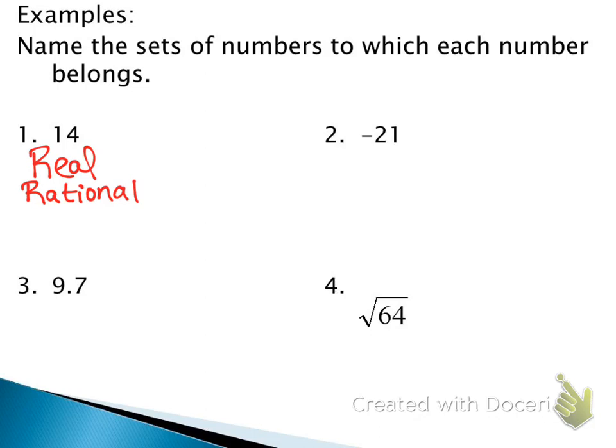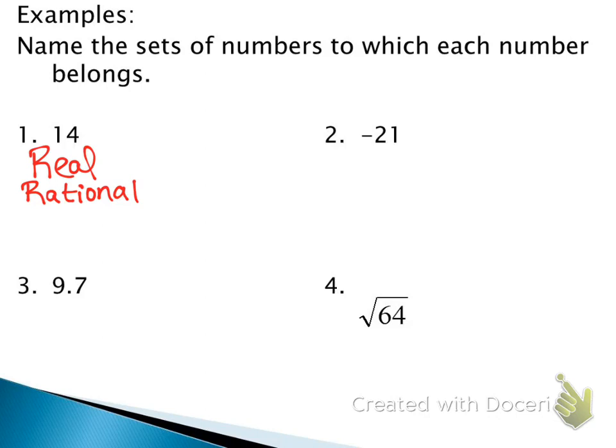Okay, after it's rational, look at that bullseye that we just filled in. Start with the biggest one and keep asking yourself, does it fit here? Nevaeh, looking at that bullseye, does it fit in the outermost ring of the integers? Is 14 an integer? Yes, it is.